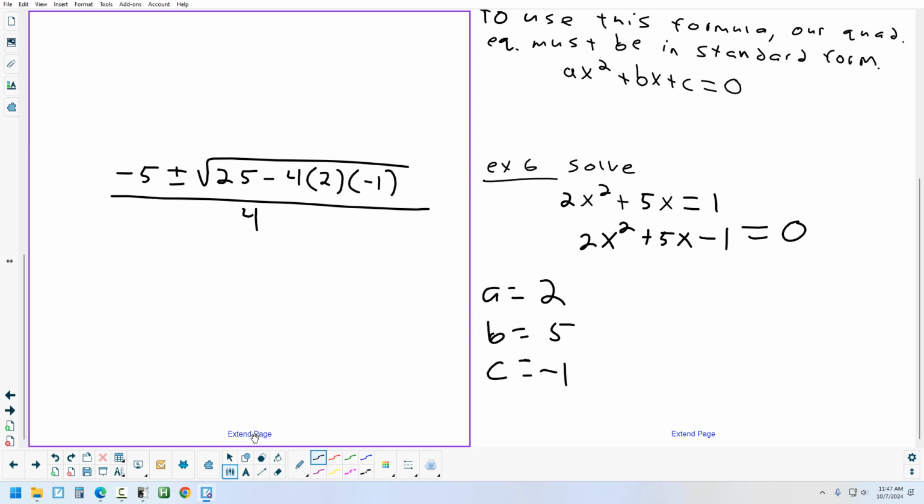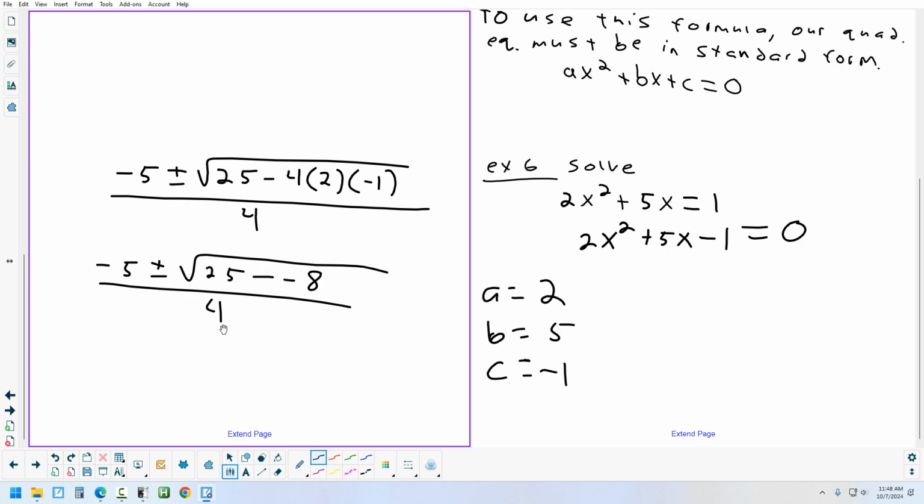Okay, so I'm just going to solve it on the left because I got some more space over here. Okay, so now we've got negative 5 plus or minus square root of 25 minus, what's 4 times 2 times negative 1? Negative 8. So we really have minus a minus under the root. So what's going to happen with that?